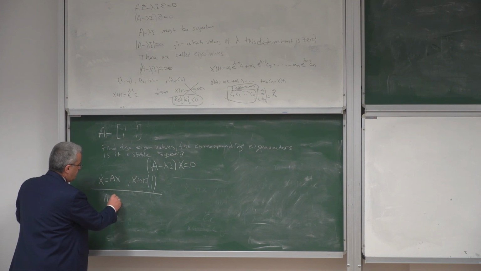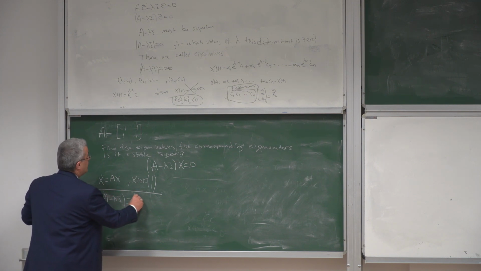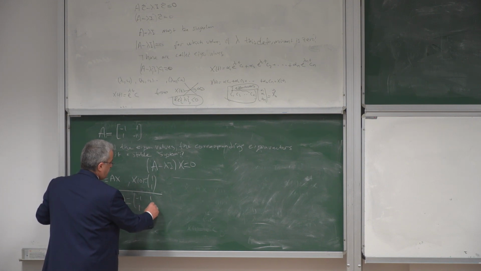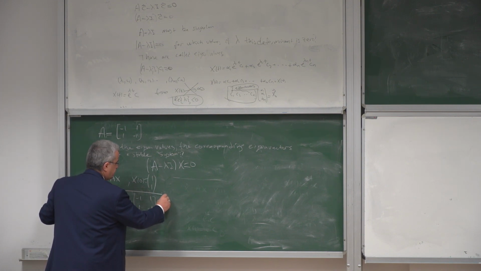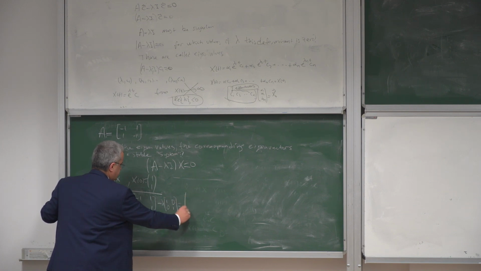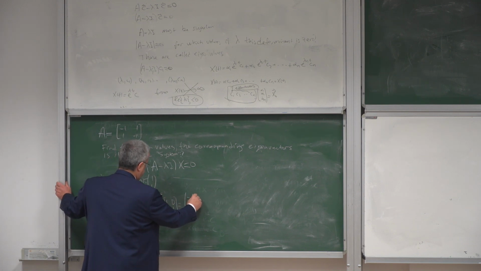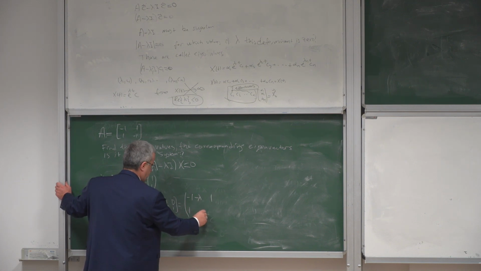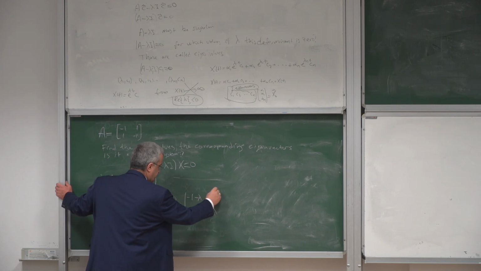A minus lambda I is equal to minus 1, 1, 1, minus 1, minus the matrix 1, 0, 0, 1 times lambda. So that is equal to minus 1 minus lambda, 1, 1, minus 1 minus lambda.